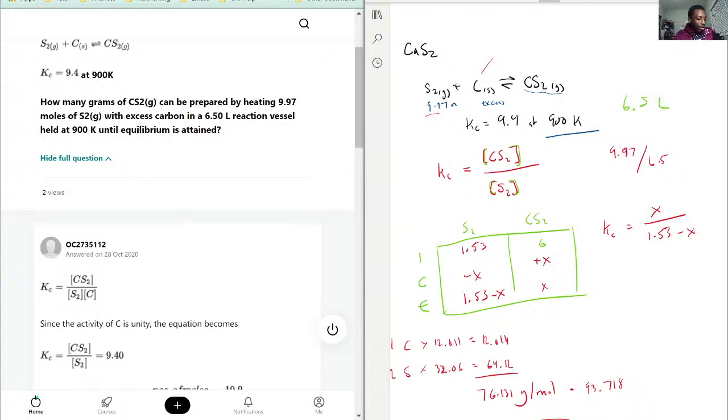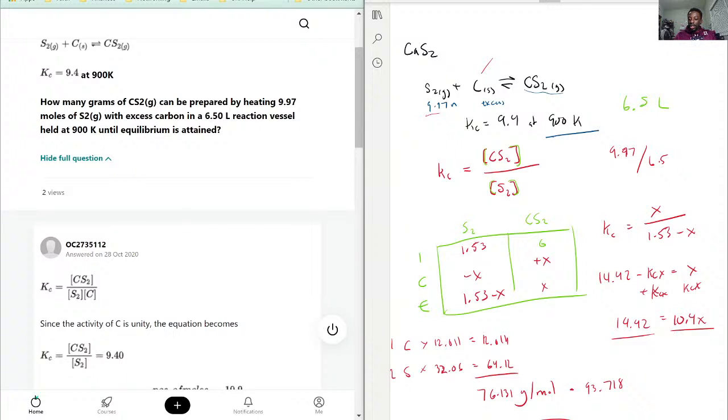So that times Kc, that'll be 14.42 minus Kc x is equal to x, and so we add the Kc x to both sides, and the Kc was 9.4, so that's 10.4x, because 9.4 plus just one more x is equal to 14.42.